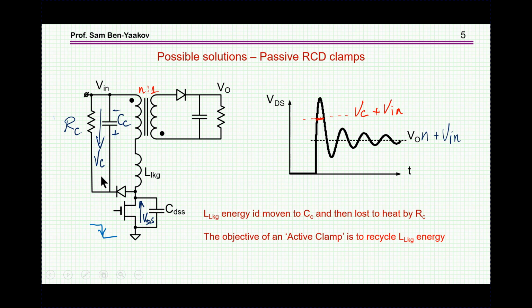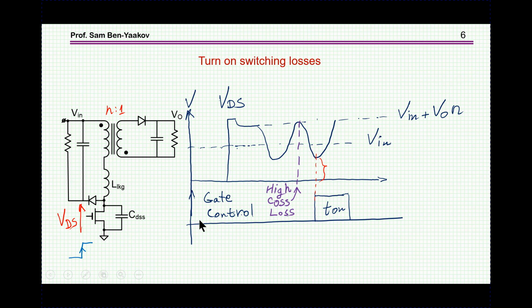Of course, it'll reduce the efficiency, and this is the purpose of the active clamp. The active clamp is meant to prevent this loss of energy that you'd have in the case of the RCD clamp. At the same time, we are going to solve the problem of this energy here by recycling it.